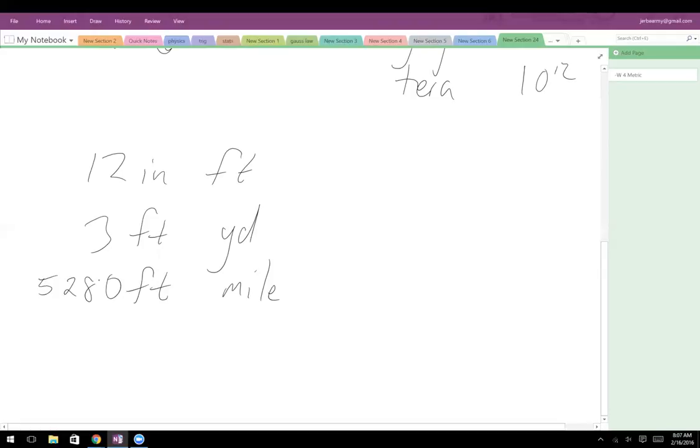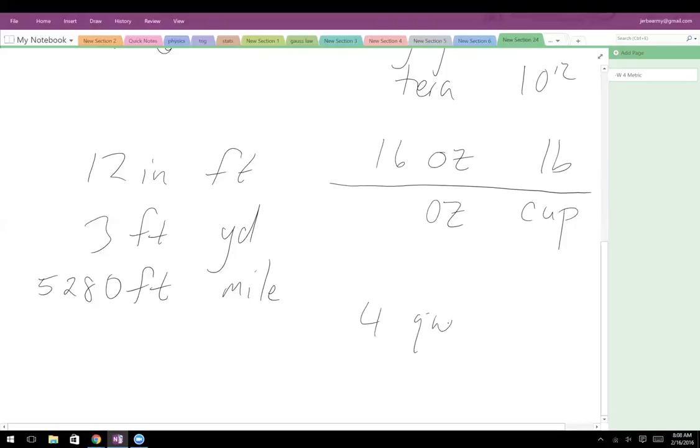So those I imagine y'all are fairly familiar with, but what about weight? How many ounces are in a pound? That's good stuff. Okay, so that's weight. What about volume? How many ounces are in a cup? 4 quarts in a gallon. The cup is 8 ounces.